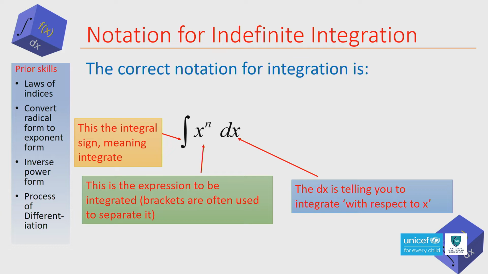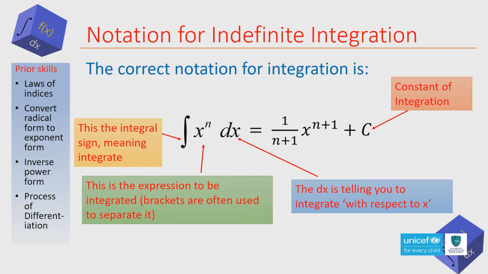So dx tells you the variable of integration, and the answer we get after integrating the whole thing in mathematics we call an antiderivative. An antiderivative will be that function there, and that part also has a plus c, which we call the constant of integration. And as I have told you before, this whole expression here is called an indefinite integral.